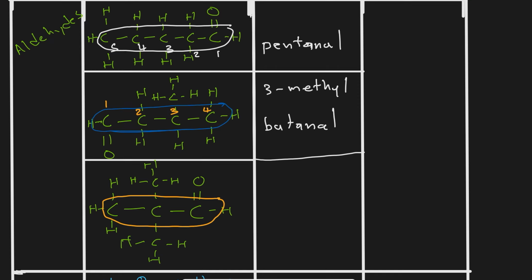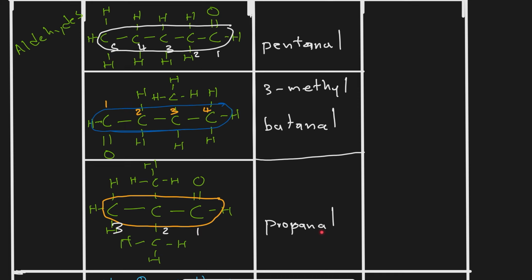So we start with this carbon. This is 1, 2, and 3. On the main chain you have 3 carbons, so this is going to be propanal, because we know it is an aldehyde. The position of this functional group is always on the first carbon, so we don't have to name it.